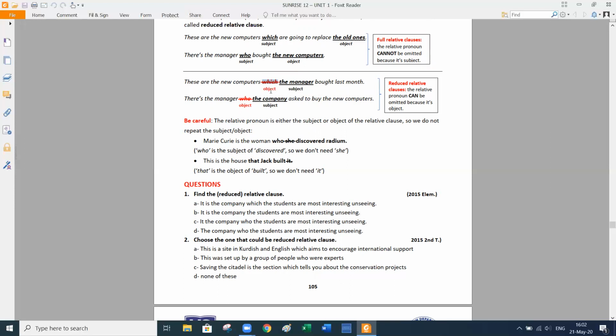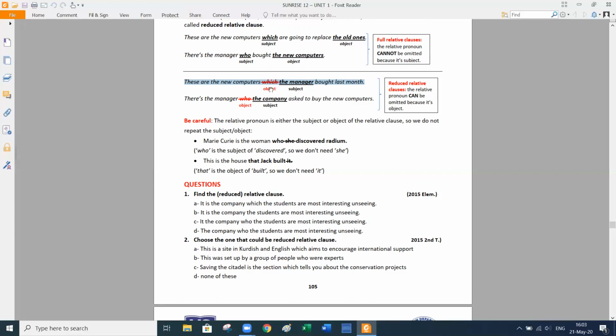Okay, why not? Because this is a defining relative clause, and the relative pronoun here, which, is object of the verb. So we can omit it, we can reduce it. And this kind of relative clause, we say, can be reduced.